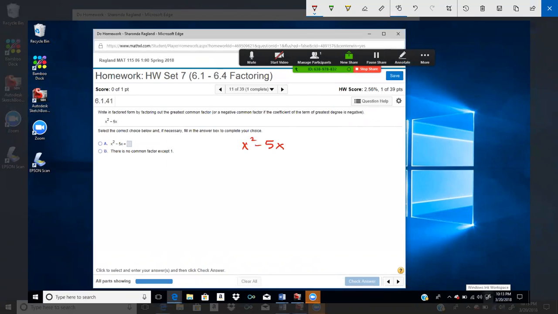Is there a GCF that we can pull out? Good, they have an x in common. So the GCF is x, and we're going to pull x out. And what's left? Again, you do your little trick, divide each one by x to see what's left. Simplify, that gives you x minus 5. And this is your factor: x times the quantity x minus 5.